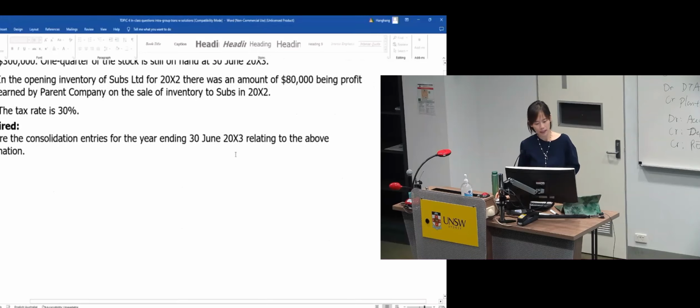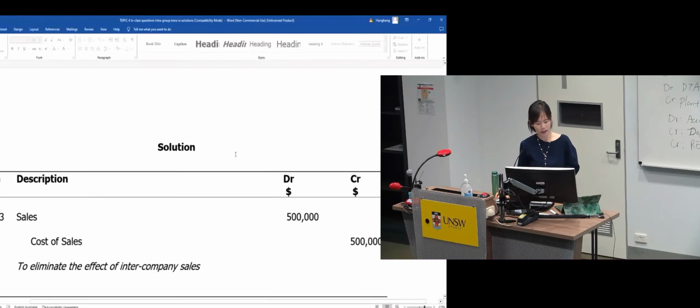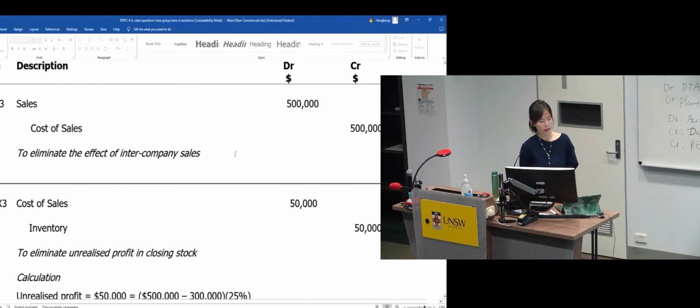Based on this analysis, we can work out the worksheet adjusting entry. You can combine these two entries if you want to, and in the exam question, I will only give you 3 lines. There will be a debit sales revenue, 500,000, credit inventory, 50,000.